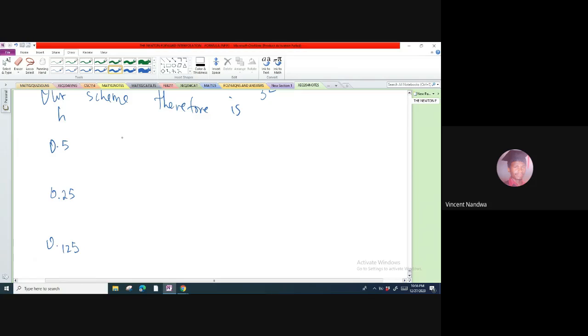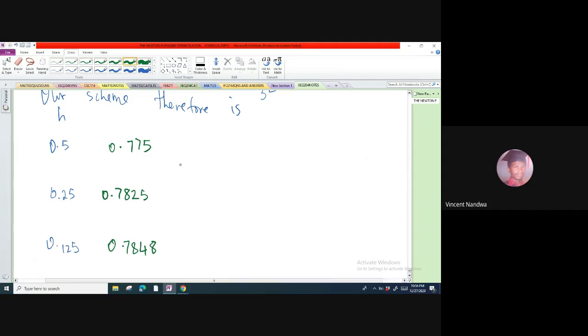The corresponding values are 0.775, 0.7828, 0.7848.